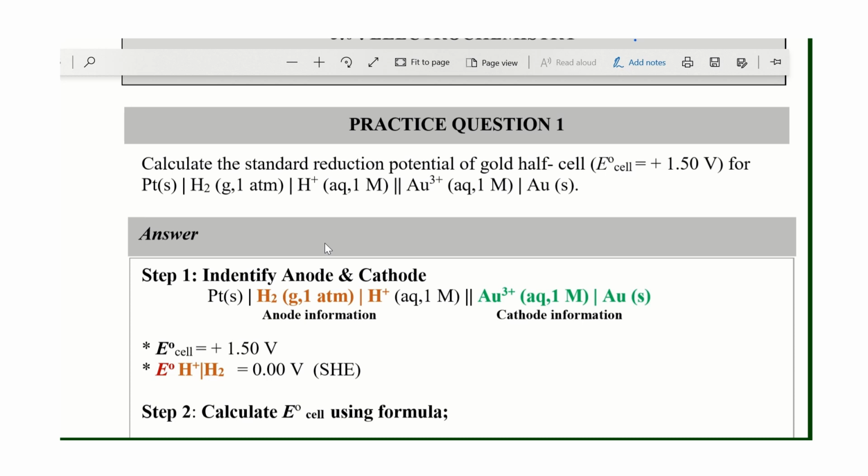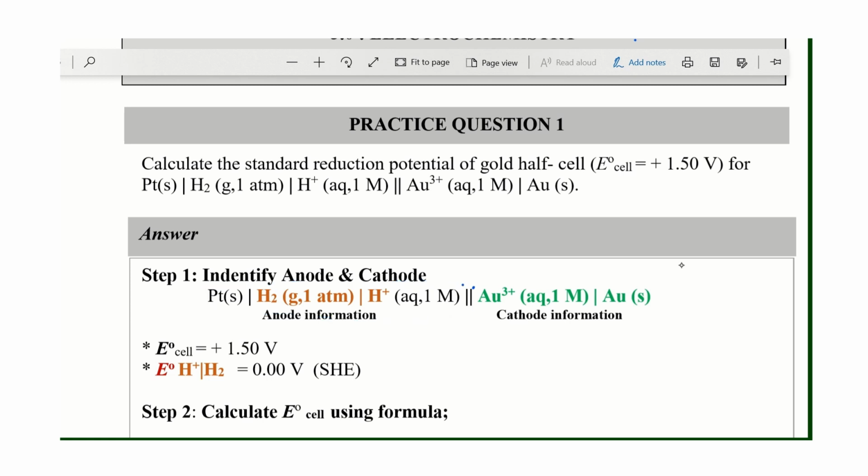First step, we have to identify the anode and cathode according to the cell notation given. The double vertical line indicates the salt bridge.